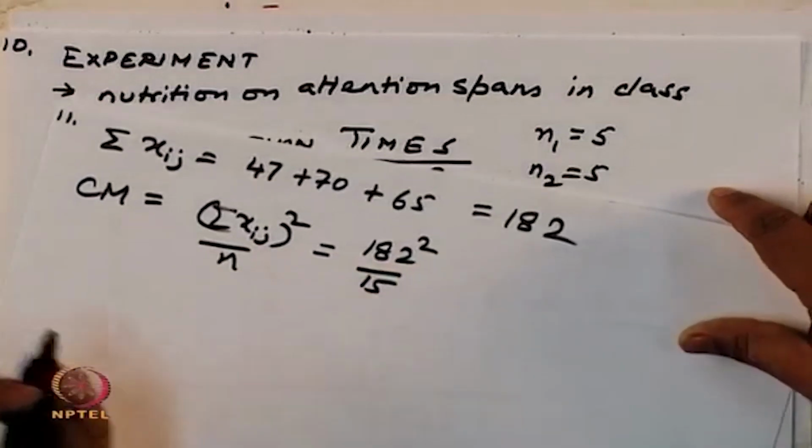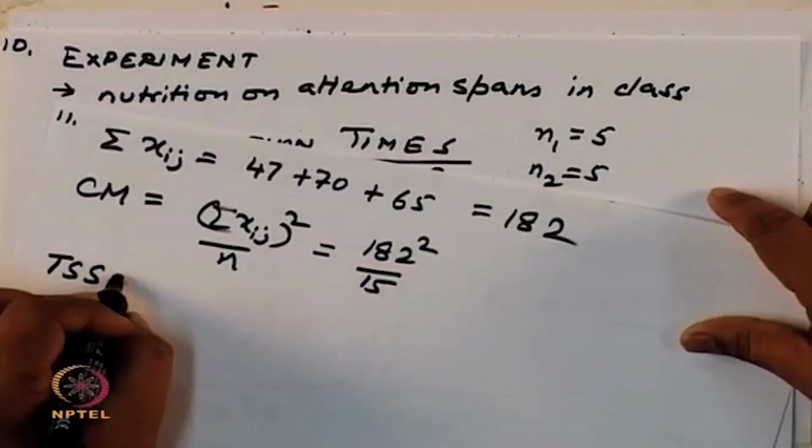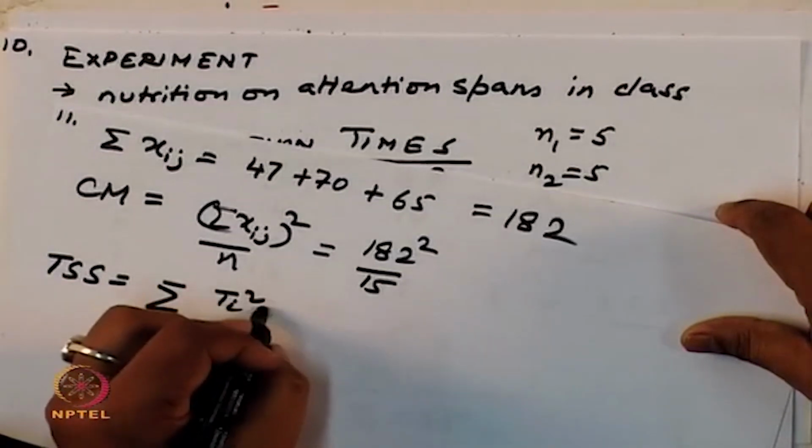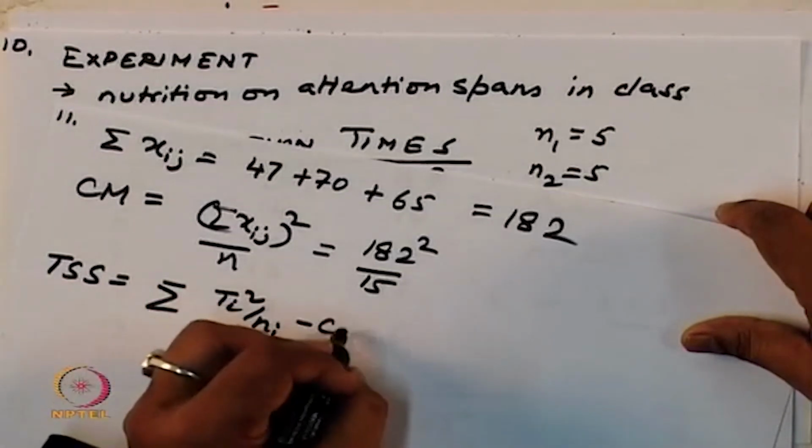Your SST is summation T I square by N I minus C m.